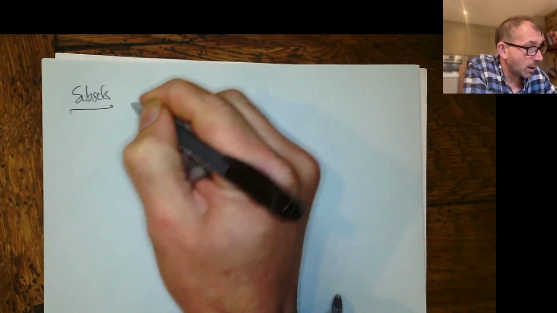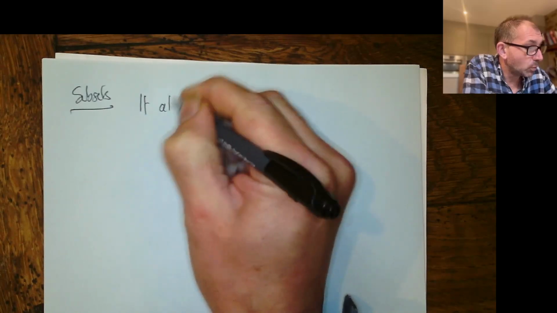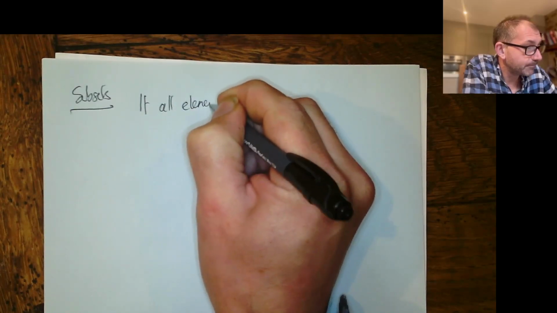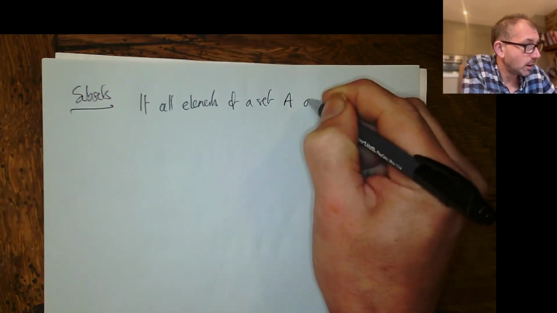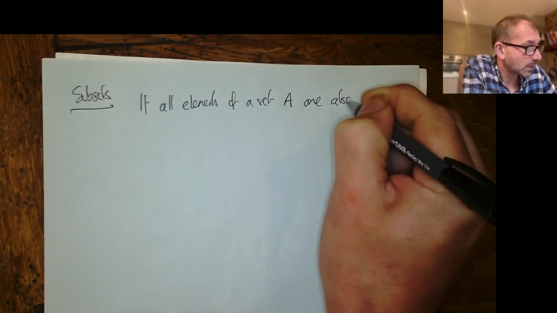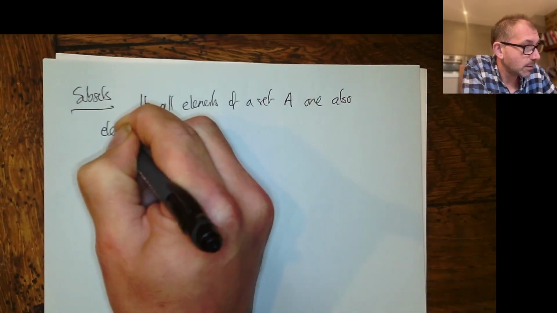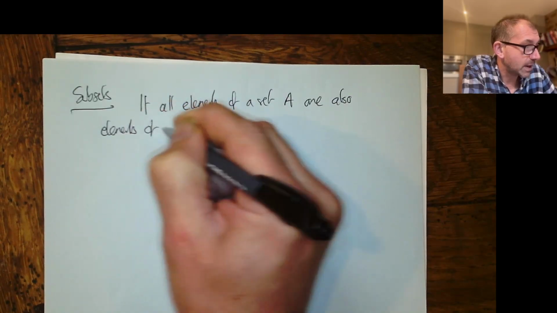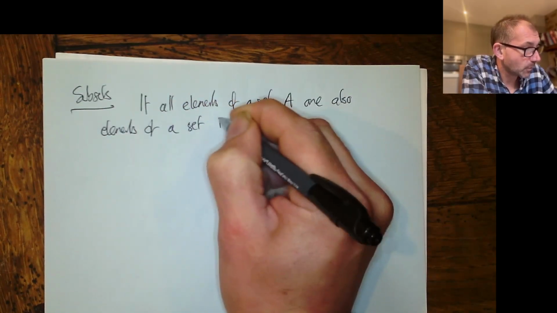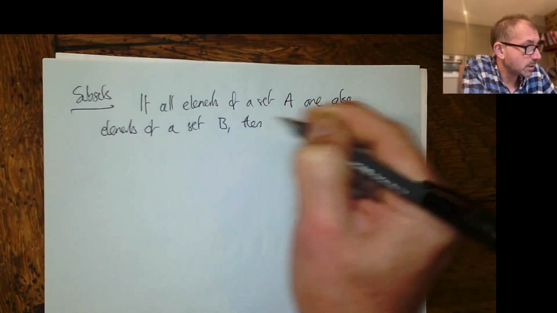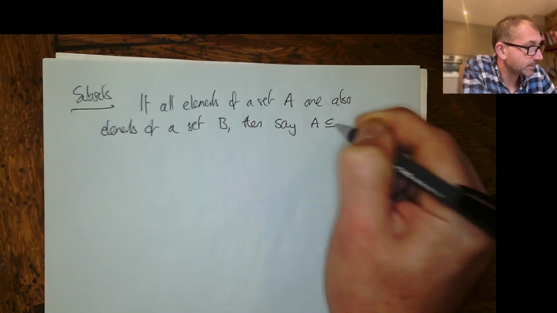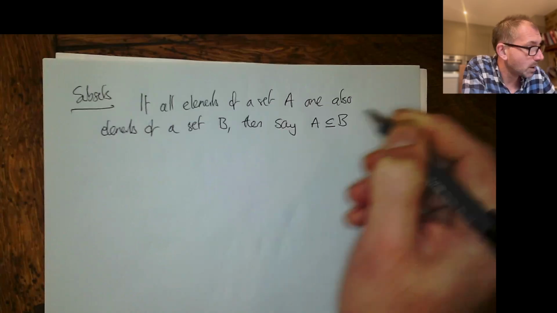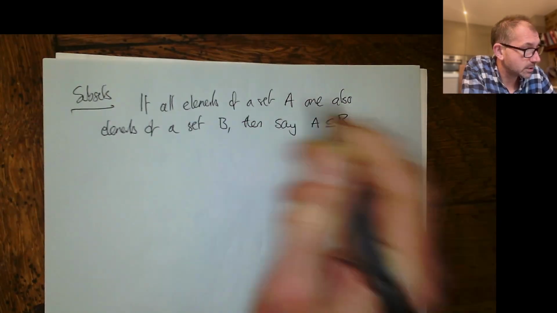So if all the elements of a set A are also elements of a set B, then we say A is a subset of B. And we write it with this notation.